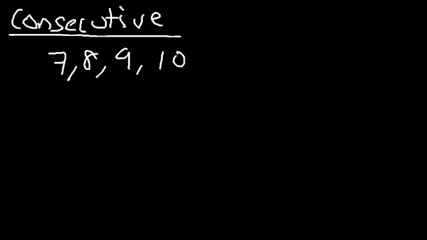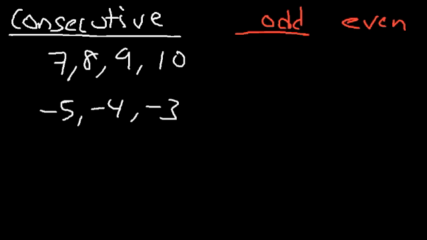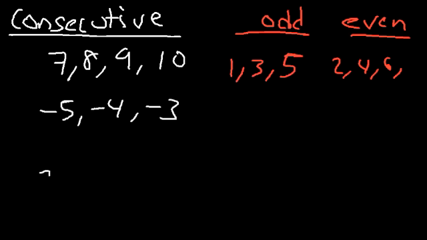Consecutive negative integers would be like -5, -4, -3. And then you need to know odd numbers and even numbers. Even numbers are like 2, 4, 6, 8, and so forth. Odd numbers are like 1, 3, 5. Now, if you hear the word consecutive even integers, that would be like 2, 4, 6, 8, 10, and so forth.